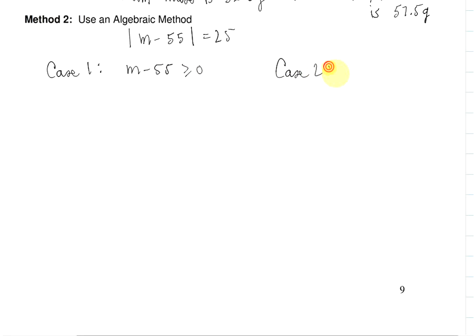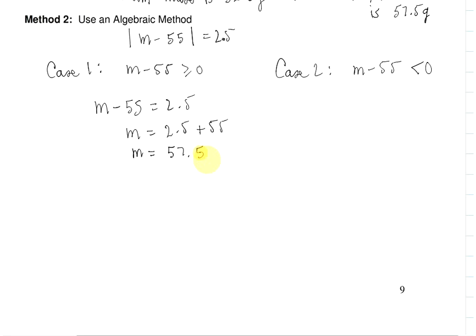And case 2, where m minus 55 is less than 0 or negative. So we will start by going m minus 55 is equal to 2.5. Solve for m, and you're going to get 2.5 plus 55. So m is equal to 57.5.